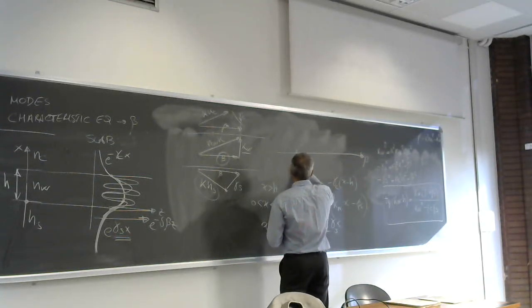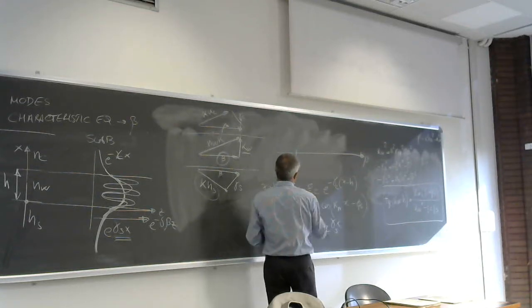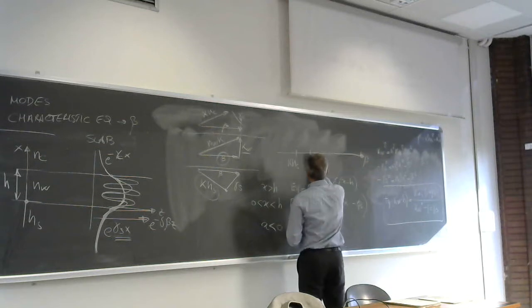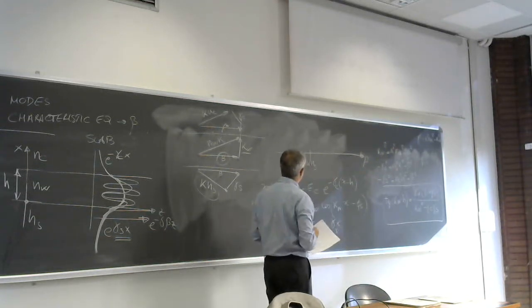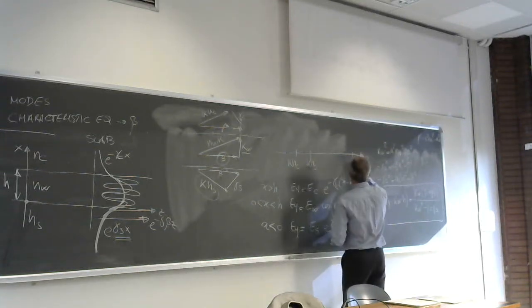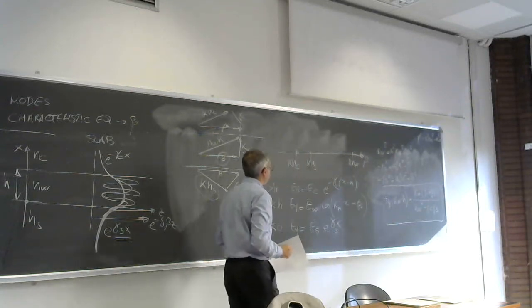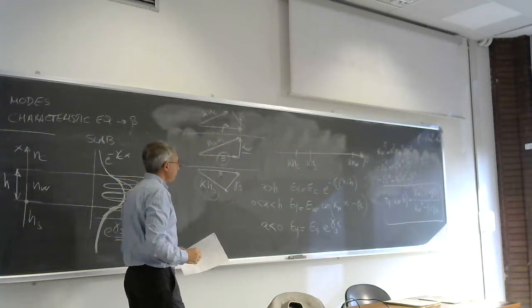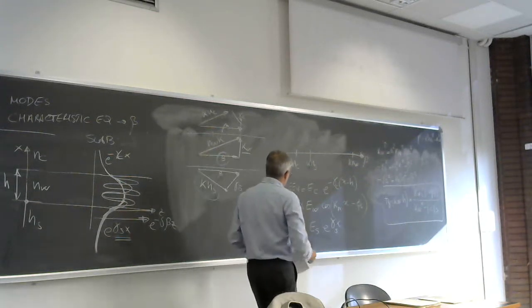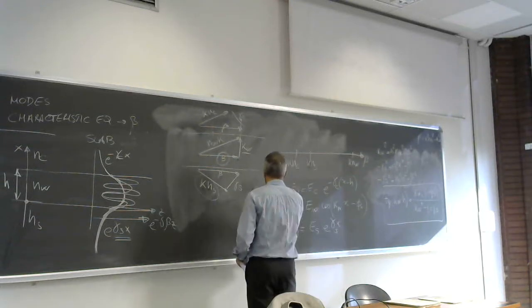Here we have n cover wave vector of the cover. We have k and s, so the wave vector of the substrate, and here we have k and w, so the wave vector in the core.